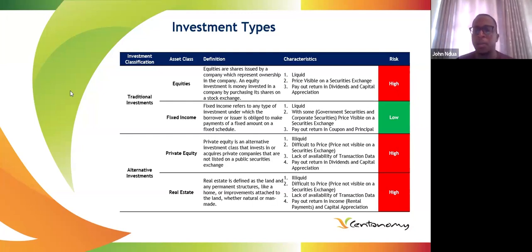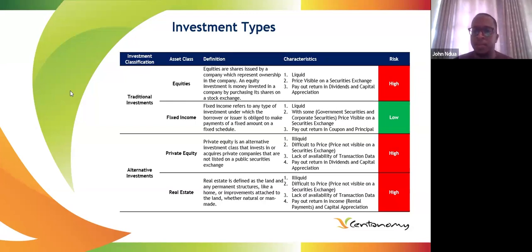Number two, the price is also visible on a securities exchange. Within the exchange where the bonds trade, you can always go and see what the price is for that particular bond. And you can also go back and see even 1 year, 2 years, 3 years ago, at what price that bond was trading. You can also have a historical record of the movement of the price.